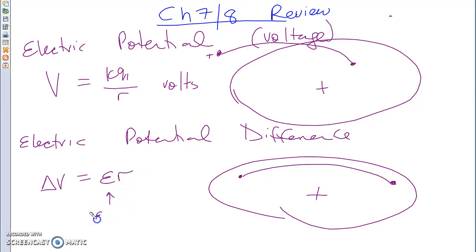Okay, so this is your electric field. This is your radius.